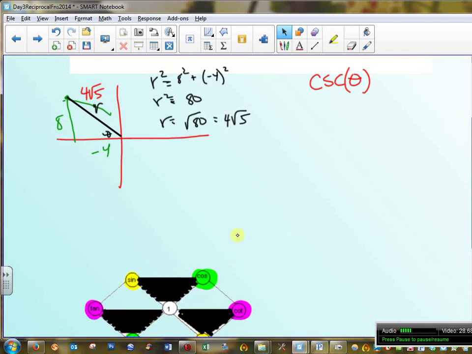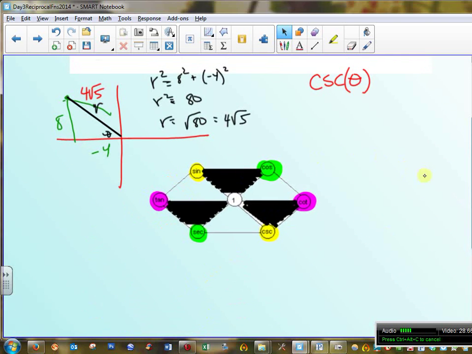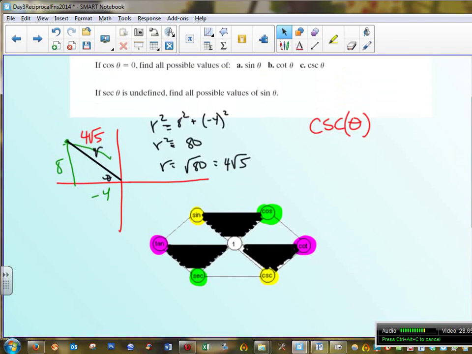Cosecant of theta is the reciprocal of the sine function. If sine is opposite over hypotenuse, cosecant is hypotenuse over opposite. If you look at your triangle, the hypotenuse is 4 square root of 5. The opposite side is 8. You certainly want to reduce that if you can. You'd end up with square root of 5 over 2.